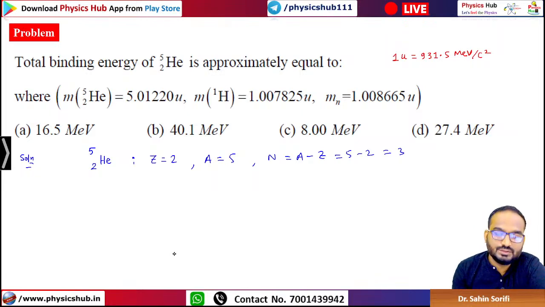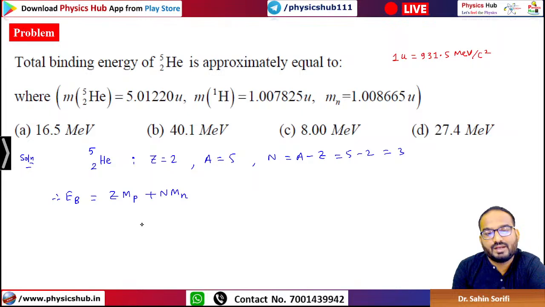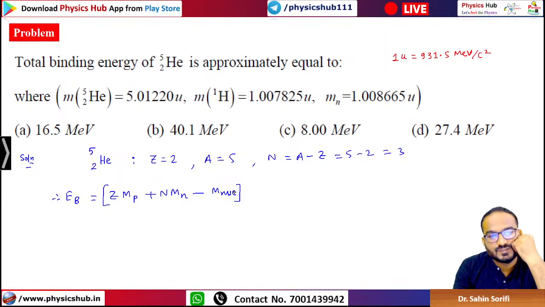So 3 neutrons and 2 protons are there. So what is the binding energy? Z times mp plus N times mn minus the mass of the nucleus, times c square.